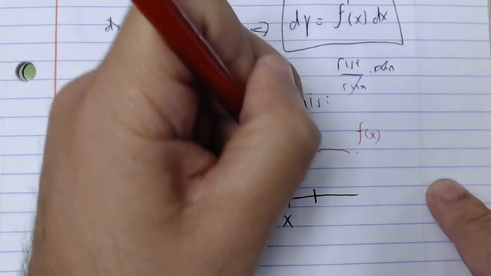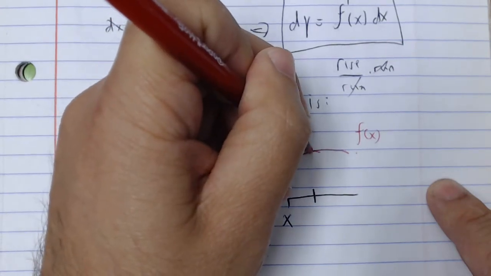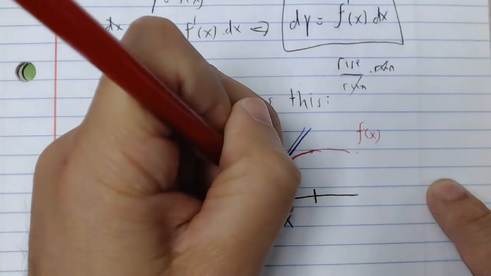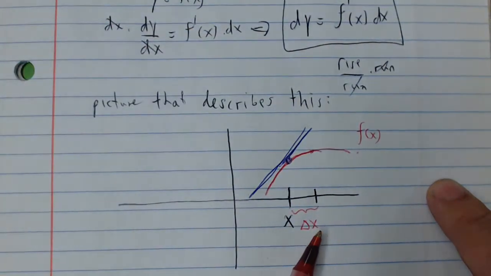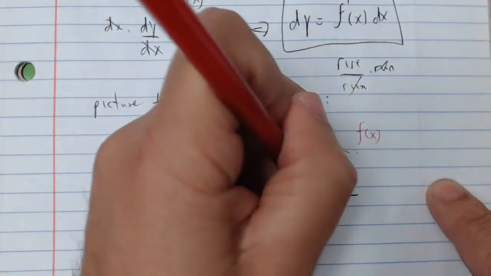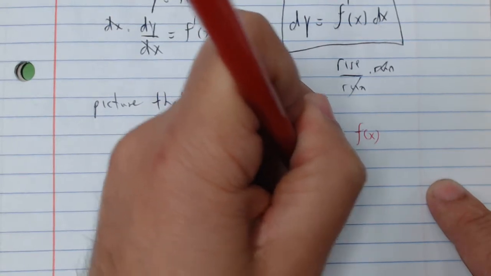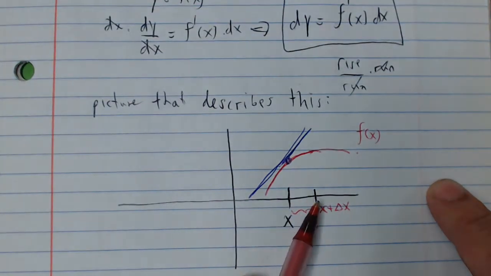Let's call this horizontal distance delta x, which is basically to go from this x value to this x value.